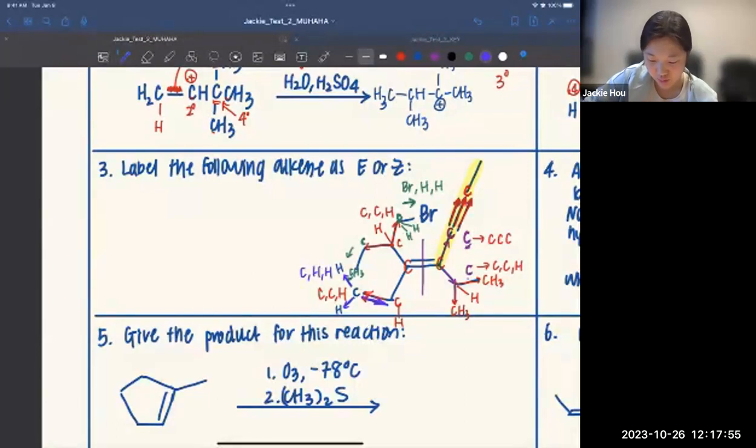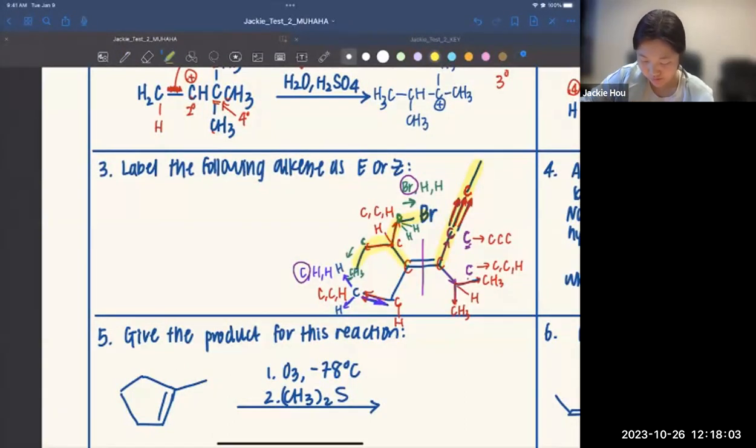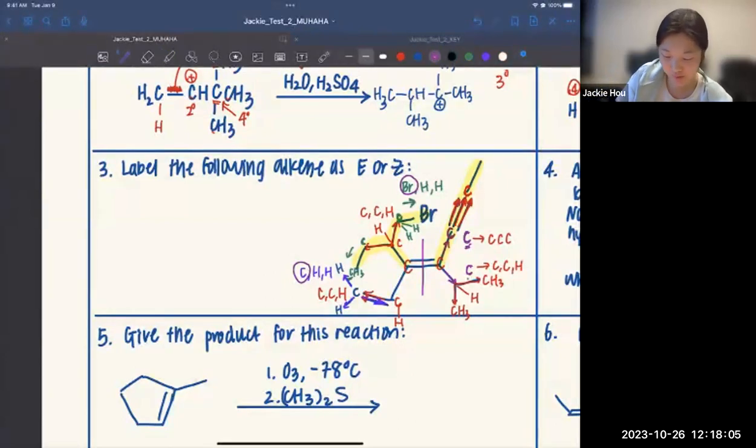And as we noted before, this bromine is much bigger than this carbon over here, so our priority group is going to be here. And then you guys probably learned a way to remember, but I always go with like cis, or like cis, right?